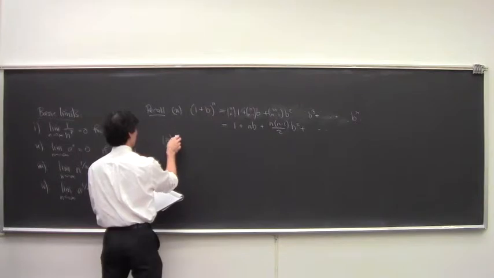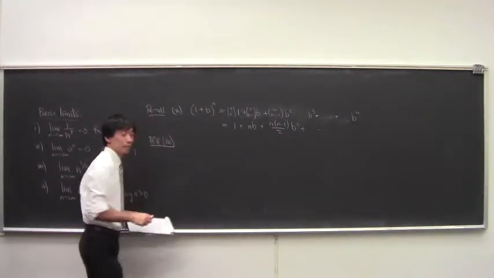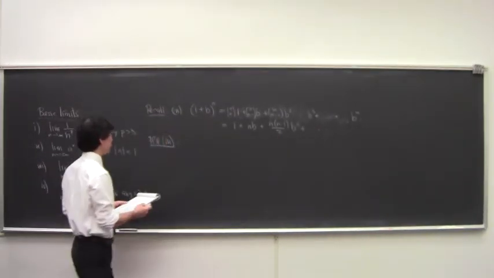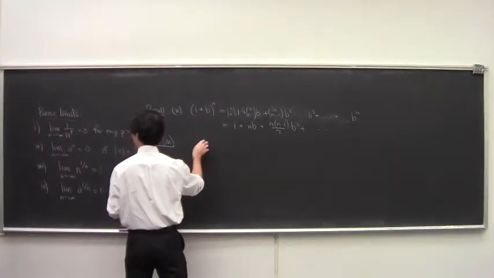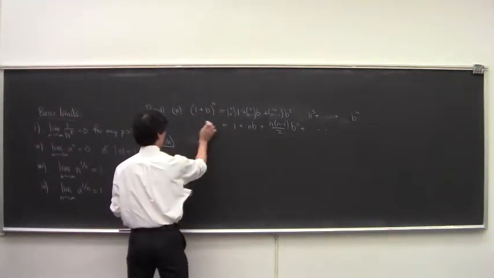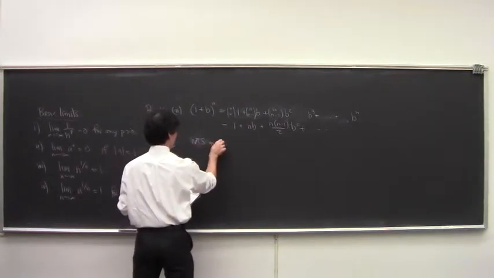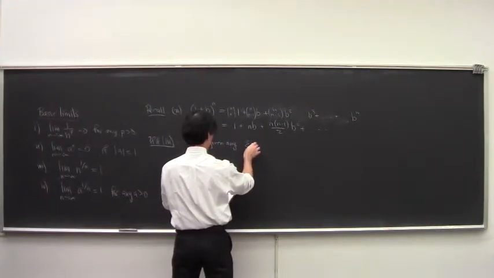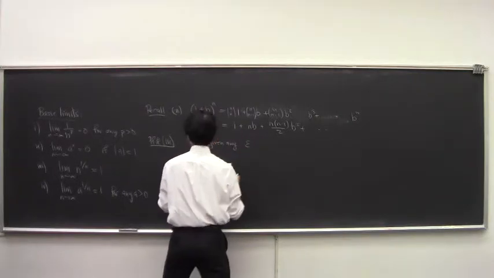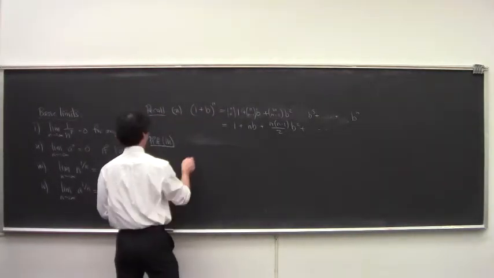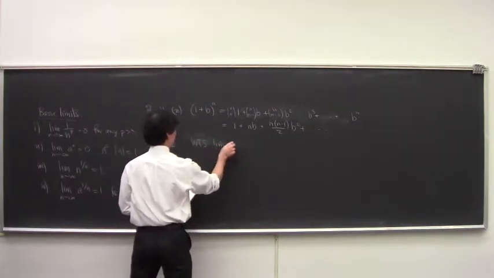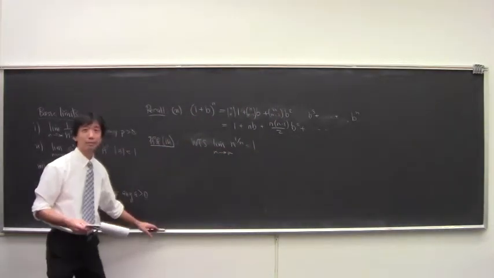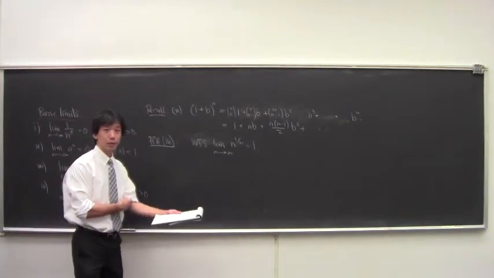So, proof of 3. We want to show that the limit of n to the 1 over n is 1. So here's the trick we're going to play.